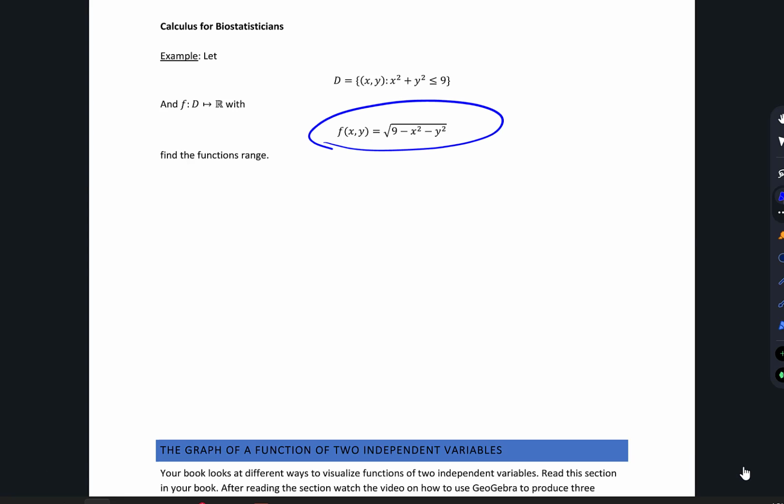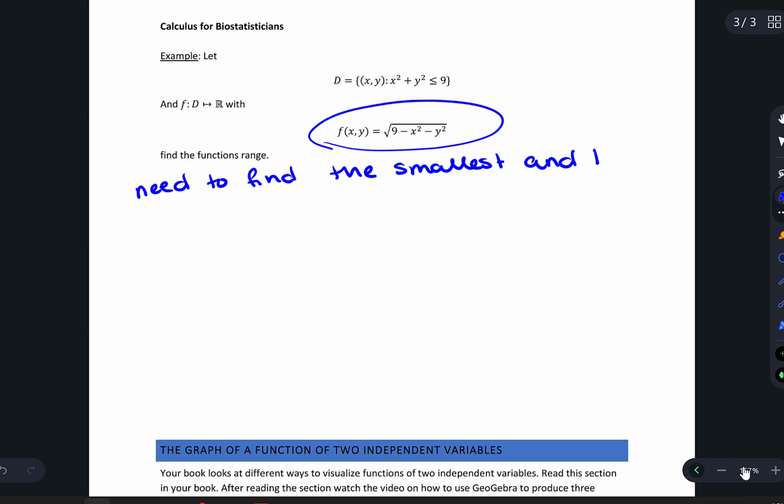And so the question is, what is the function's range? And so in order to find the function's range, we need to find the smallest and the largest value the function f of x and y can take.